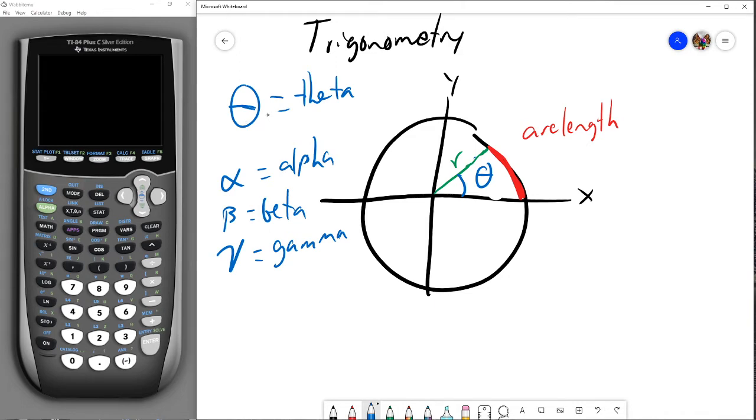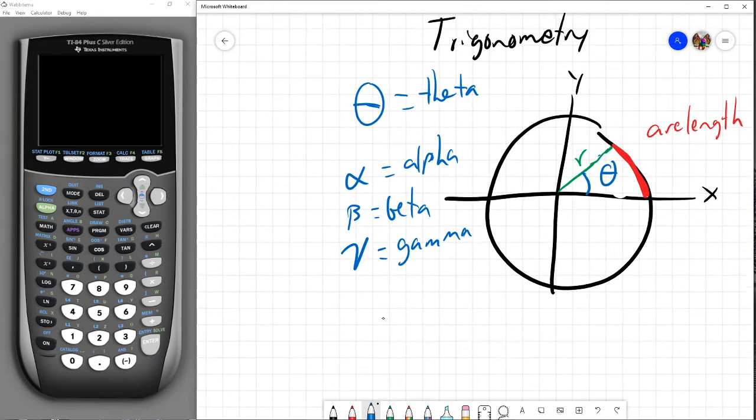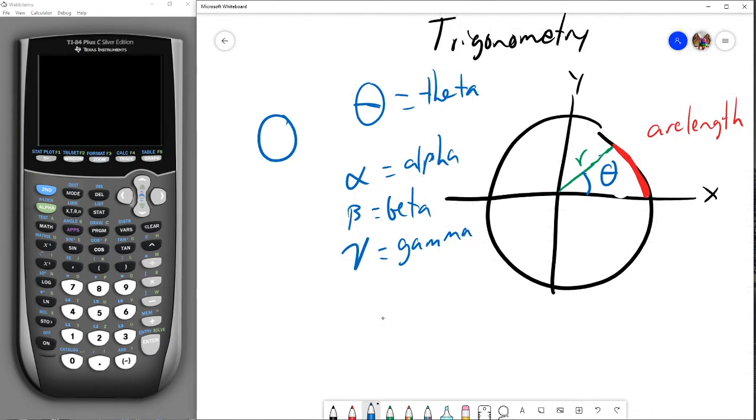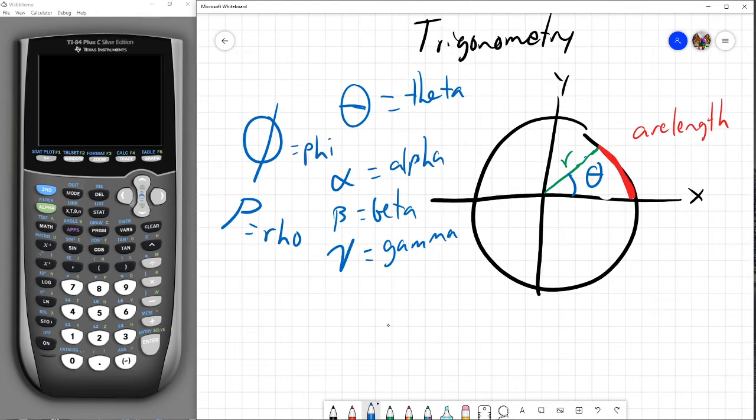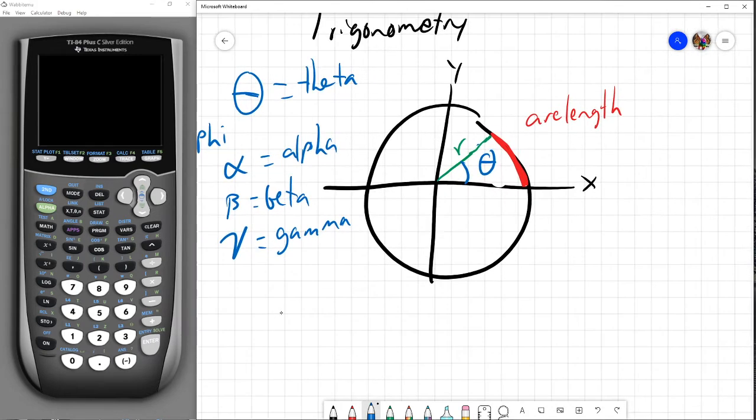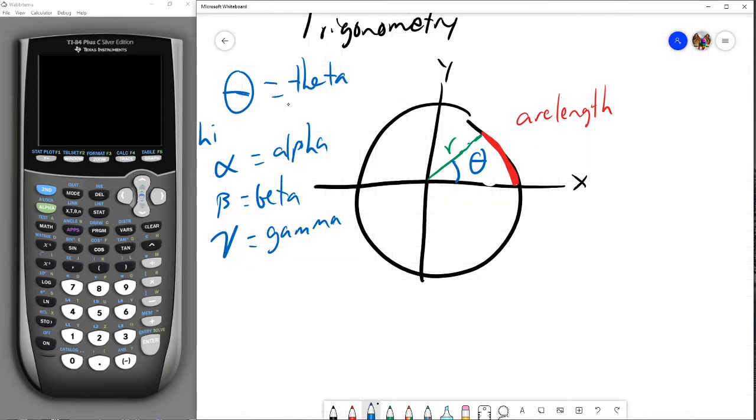The most common will be theta, and sometimes I've also seen phi and rho. I can't really draw a rho because it's kind of like a slanted P, but rho. So these are the common Greek letters for angles. Anyways, we're going to pretty much be using theta for most of the videos.